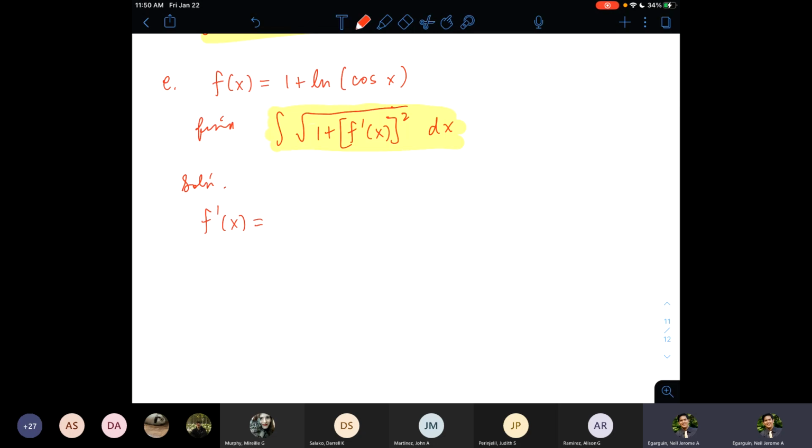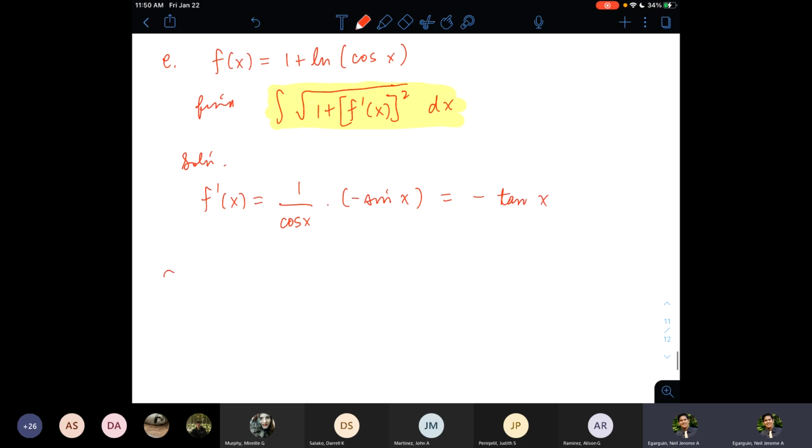So the derivative of f would be 1 over cosine x times negative sine x. I need to apply the chain rule here. So that's 1 over cosine x times negative sine x. But this is negative what? This is negative tangent x.